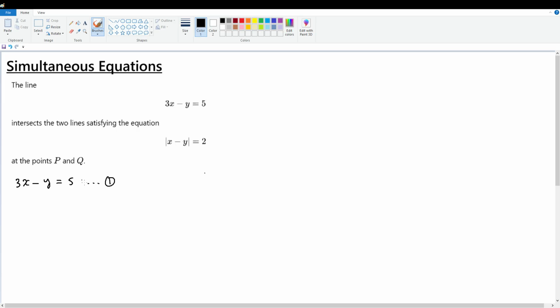For the second and the third equations, they come from this absolute value.